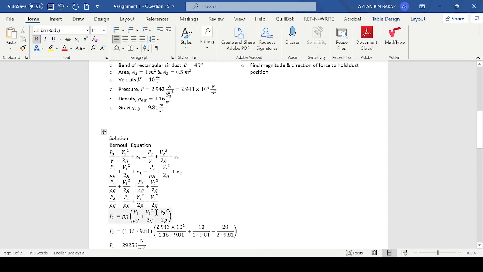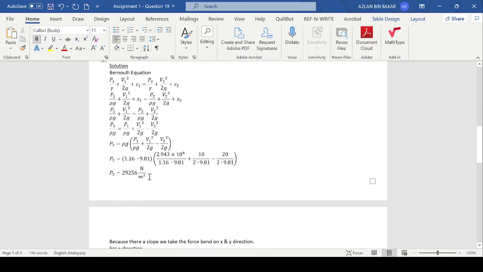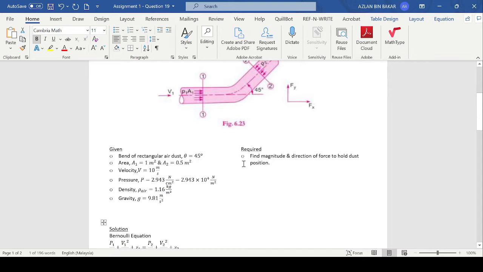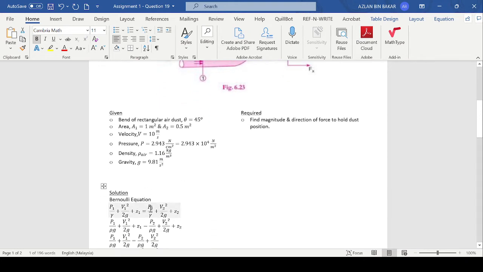From this Bernoulli equation we will get the pressure at point 2, which is the thing that we want to find.